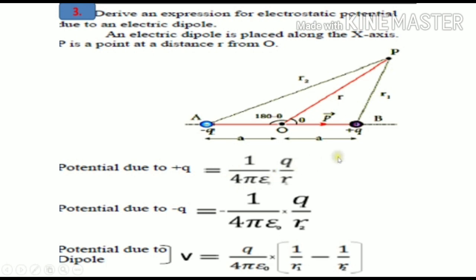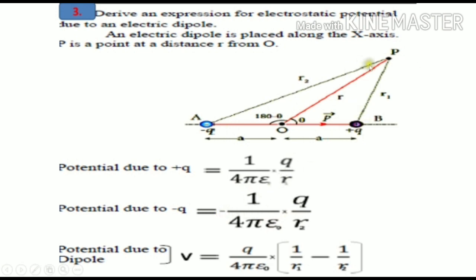Using this formula we calculate the potential due to the plus Q at the point P: 1 by 4 epsilon 0 Q by r1, where the distance is r1. Similarly, the potential due to minus Q can be calculated: minus 1 by 4 epsilon 0 Q by r2. r2 is the distance from the point A to P.